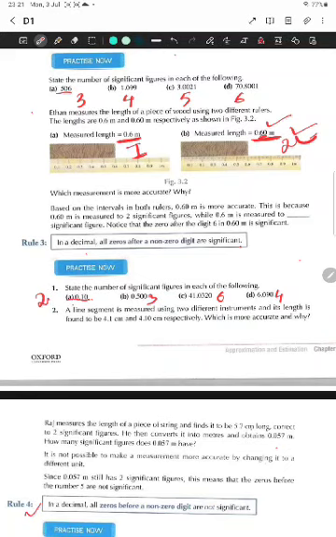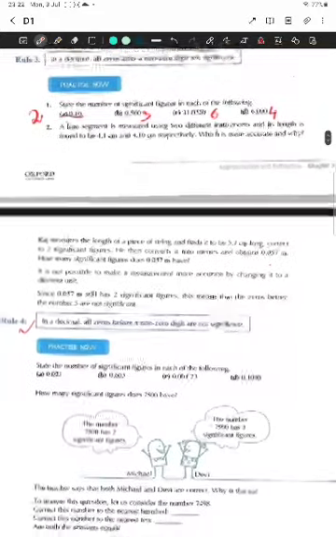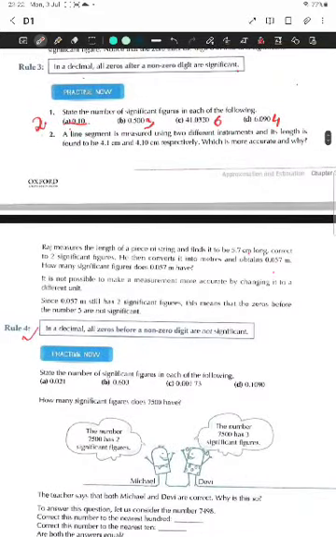Now the practice. This one we have done. Now we will move to this question. A line segment is measured using 2 different instruments and its length is found to be 4.1 centimeter with one instrument and 4.10 with the second instrument. Which is more accurate and why? So students, obviously 4.10 centimeter will be more accurate.